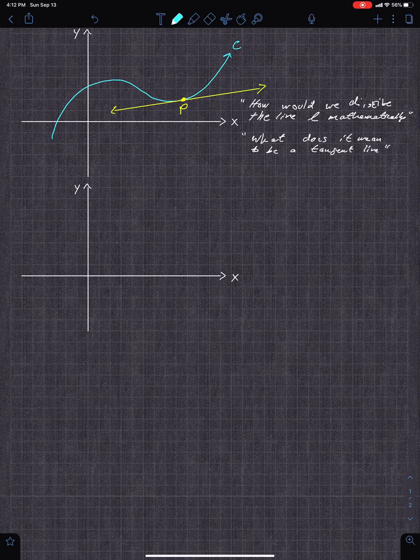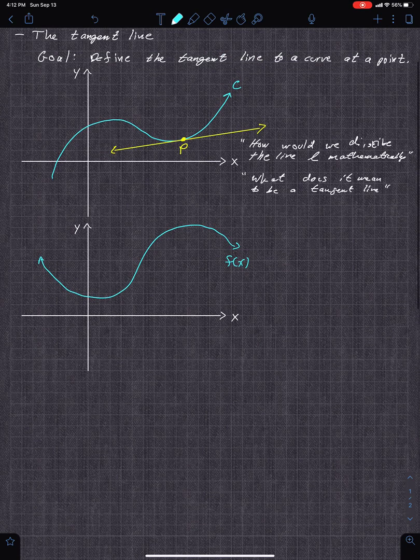So let's draw another curve. This one I'll do a little differently just for sake of discussion. It goes like this, and we're going to call that f of x. You have some function, so it doesn't curve back on itself or anything.